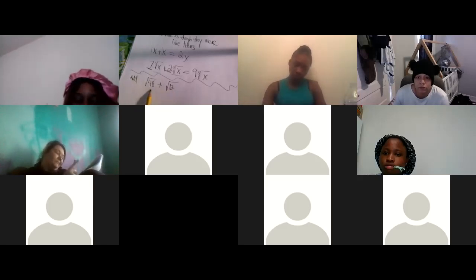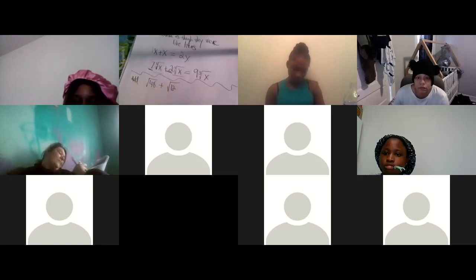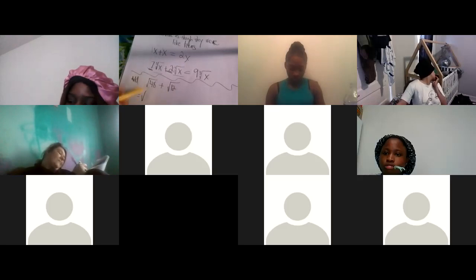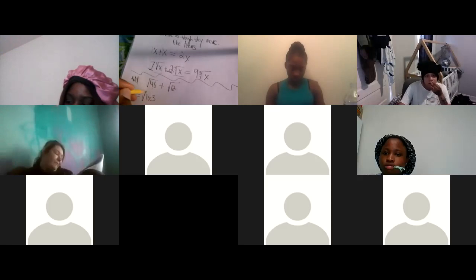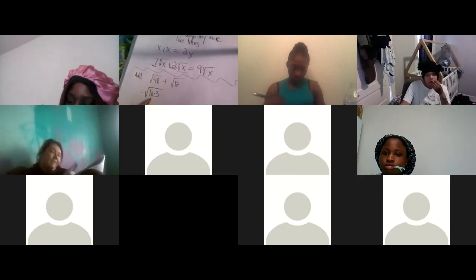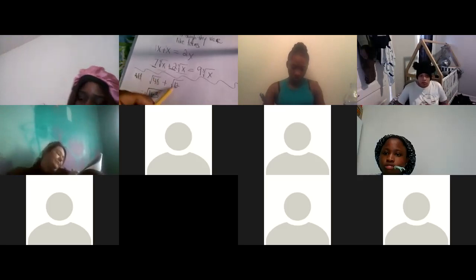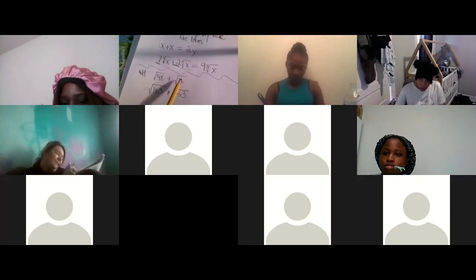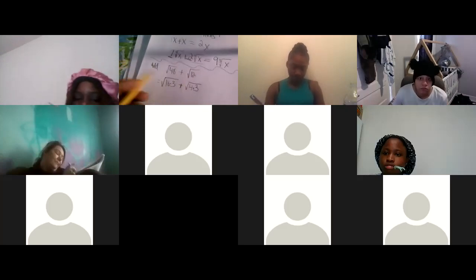These are not like radicals, but if we can simplify each of these, maybe they will be the same. So this 48, I'm going to break down to 16 times 3. The 16 is the largest perfect square here. I'm going to change this 12 to 4 times 3. 4 is the largest perfect square in 12.